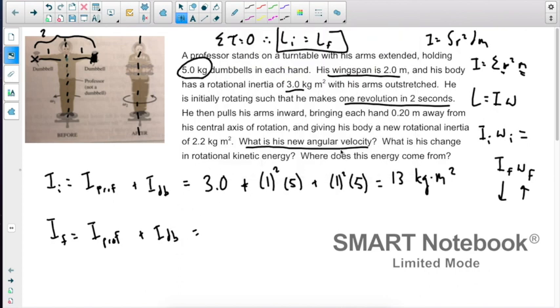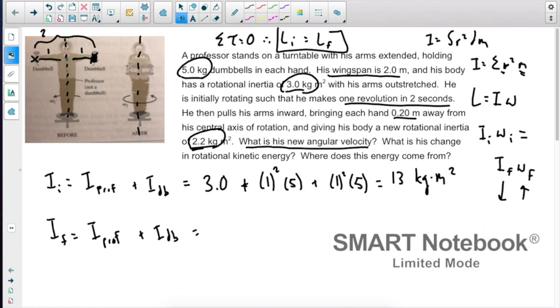So let's see what we can see with rotational inertia here at the end. He pulls his arms inward, bringing each hand 0.2 meters away from his central axis of rotation, and his body has this new rotational inertia. The rotational inertia of his body has gone down from 3 to 2.2. That makes sense because his arms were extended, giving him more mass farther away from his axis of rotation.